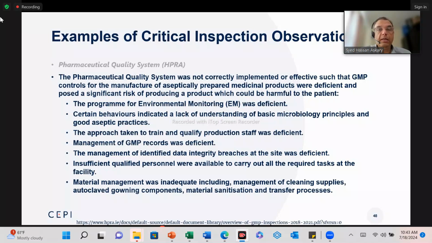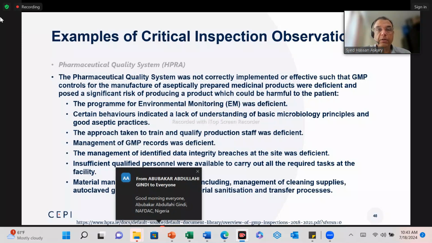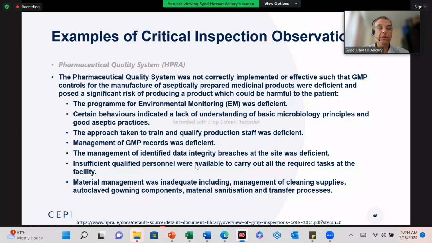So these slides basically highlight some of the critical inspection observations from Irish agencies. And basically you can see, again, the quality system. So these are some examples of the quality system observations. Environmental program deficiency in environmental monitoring, for example, or an indicated lack of understanding of basic principles like good aseptic practices.